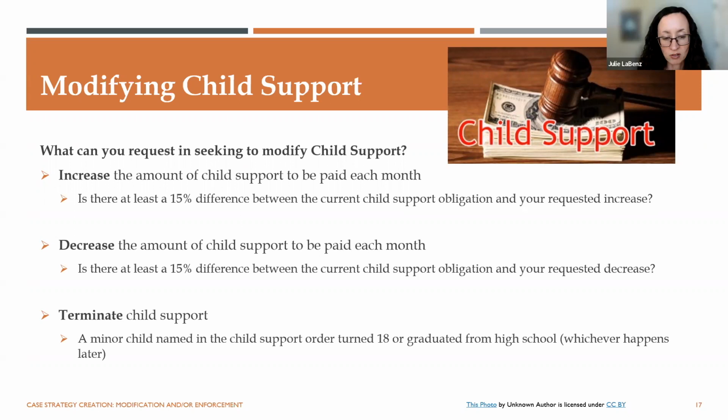If the minor child named in the child support order has turned 18 or graduated from high school, whichever happens later, you qualify to terminate your child support order. So that's something to definitely mark in your calendar if you're the payer. Oh, look, right when my child graduates from high school, I'm going to be filing to terminate child support. Or, if they turn 18 after they graduate from high school, then you would look to terminate after they turn 18.